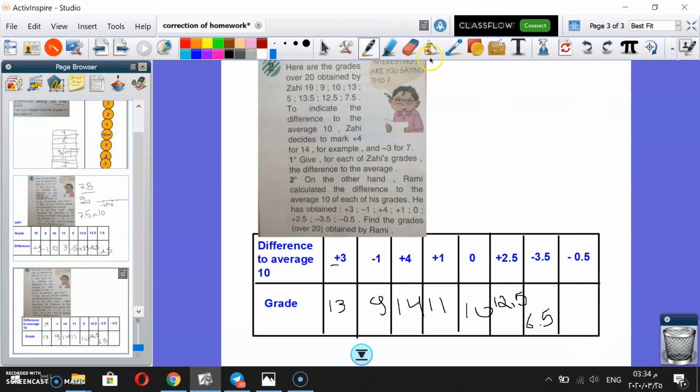Minus 0.5 below the average. So 10 minus 0.5 equal 9.5. Okay. Feel free to ask me anything you do not understand.